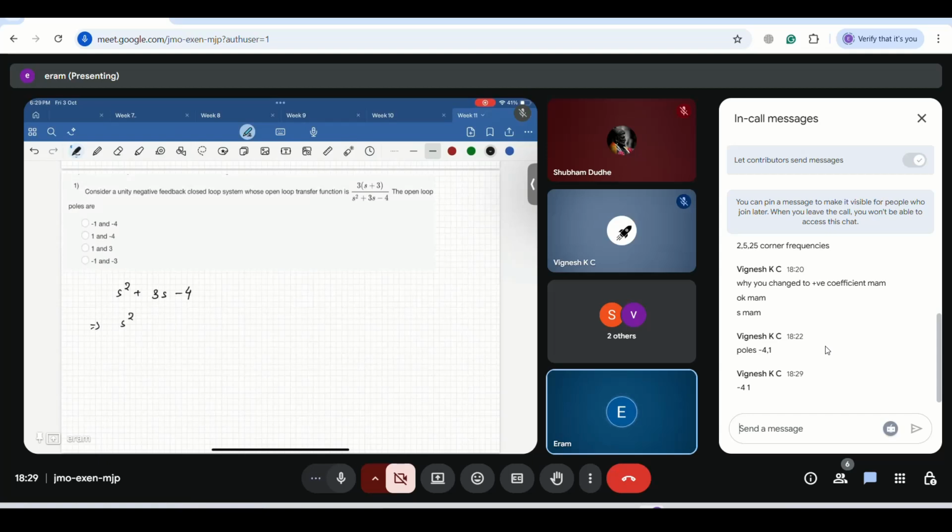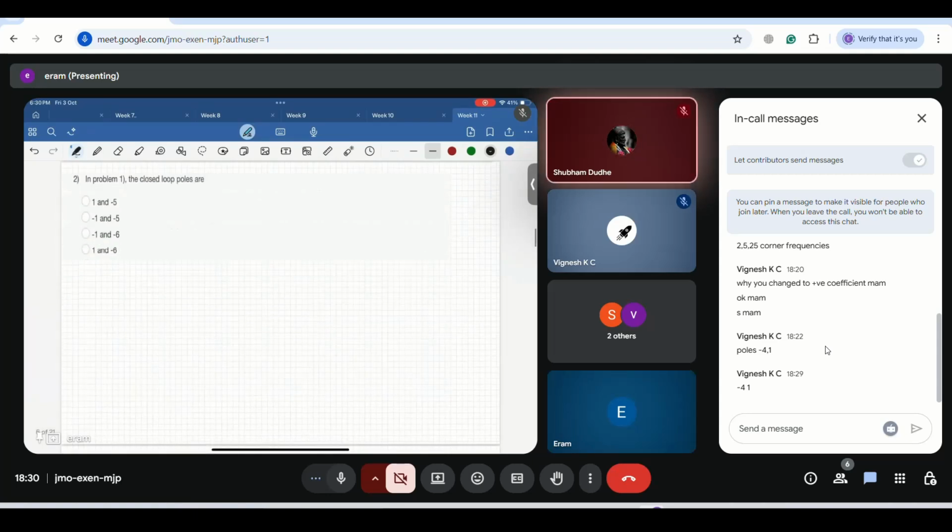So it will be s minus 1 times s plus 4. So the poles are 1 and -4. Okay.